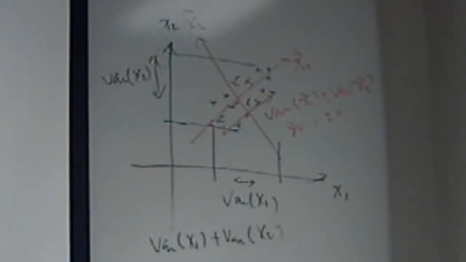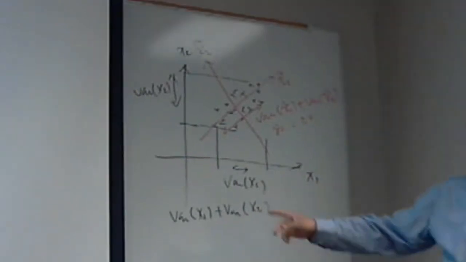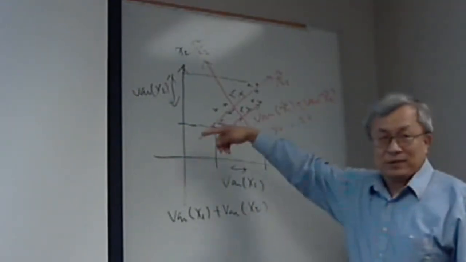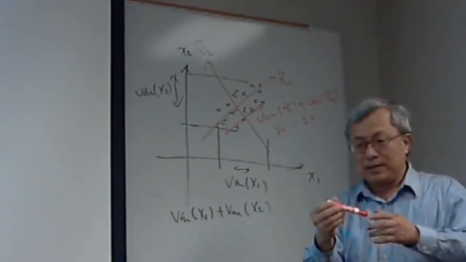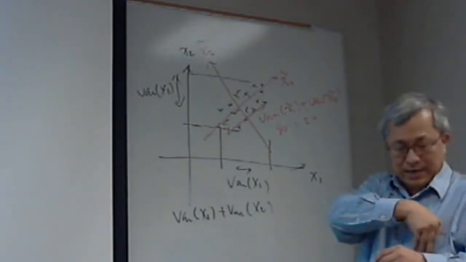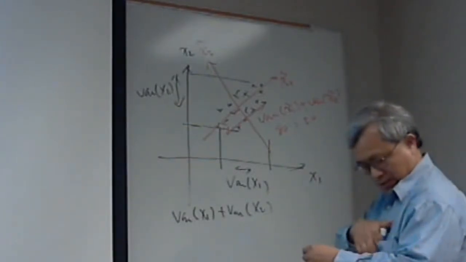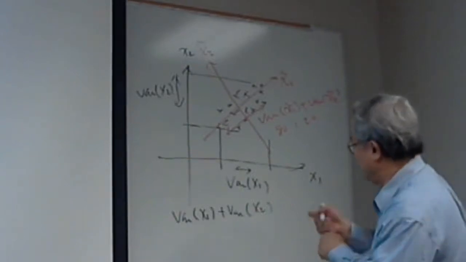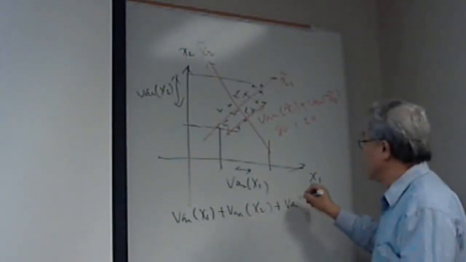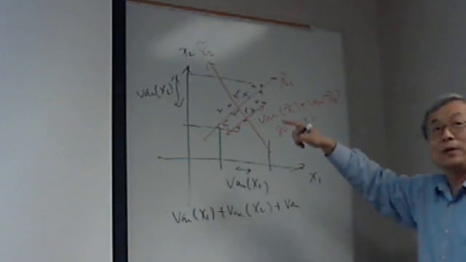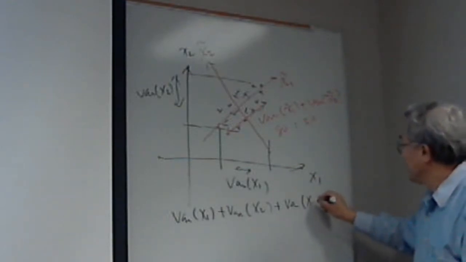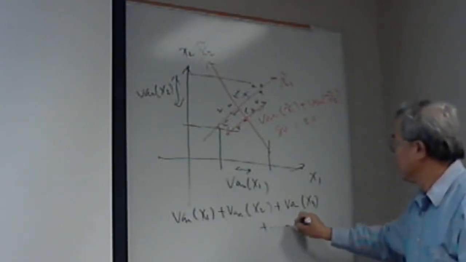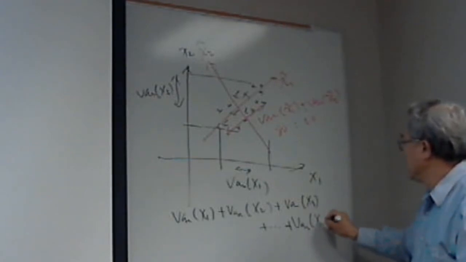These are the two principal component directions of the input variables, and principal component regression is based on regression on these two directions. What I plotted here is only two dimensions.